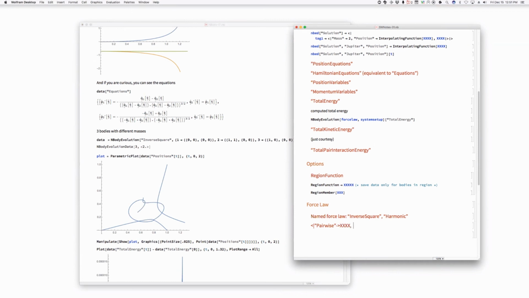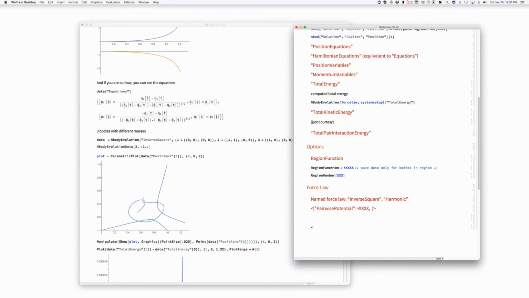Yeah, I called it pairwise potential, but there were some cases where it was easier to just give the force between two particles, because we cannot always assume conservative forces. Okay, so we want to be able to give a pairwise potential or a pairwise force. And if given a potential, we'll differentiate, we'll take the gradient of it. Yes. That's pretty nice.